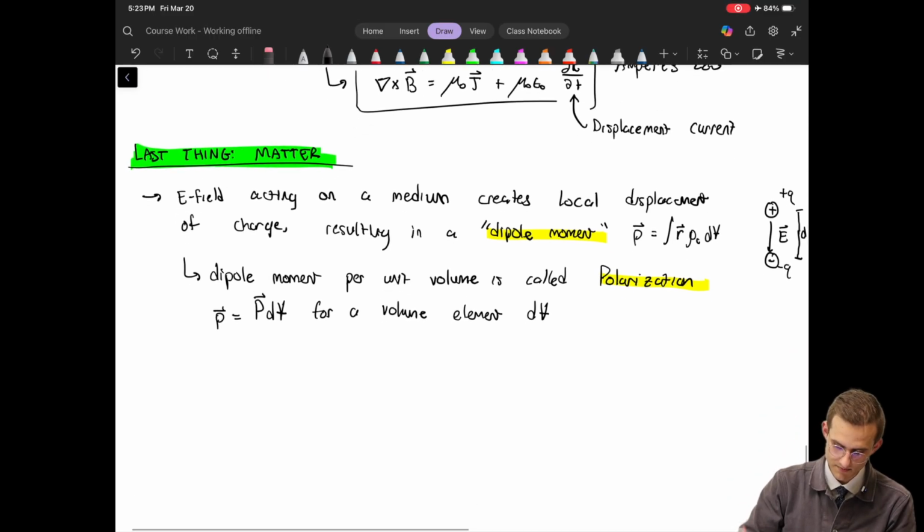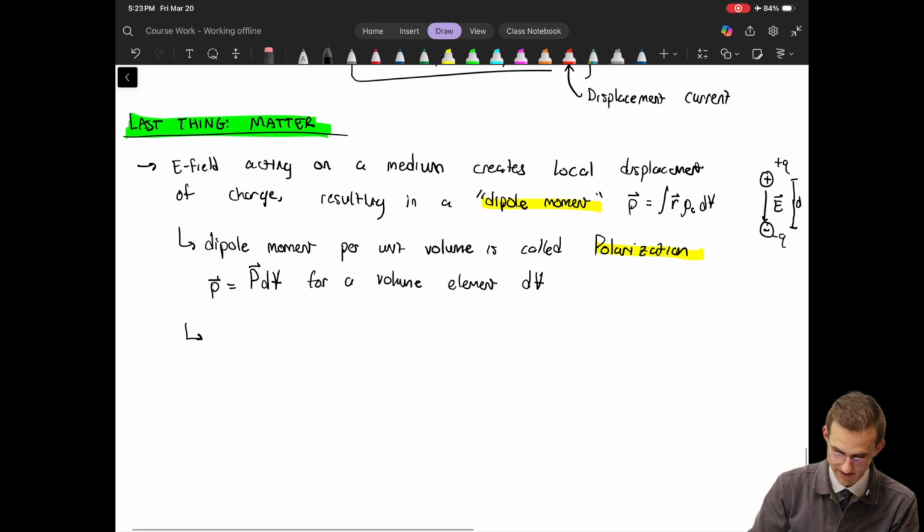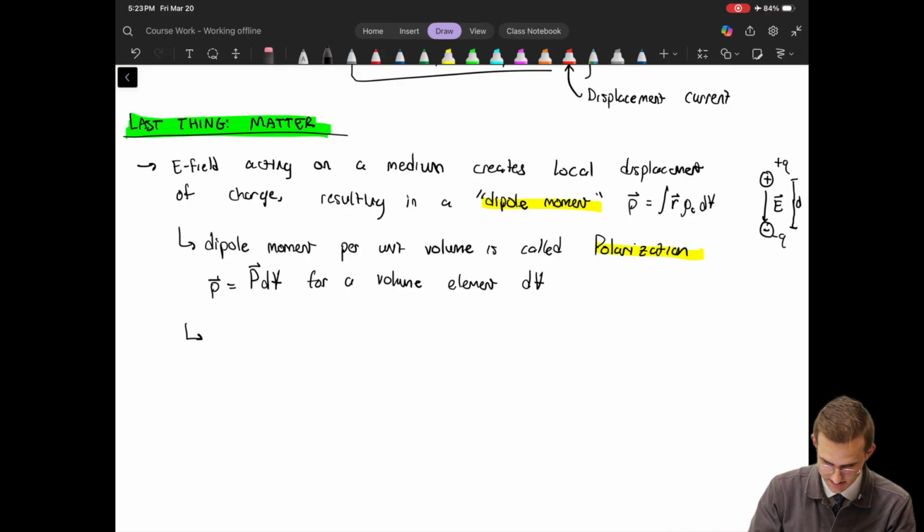Now, this is just a fact. I'm not going to derive this for you, but you can find it in a bunch of different textbooks online.